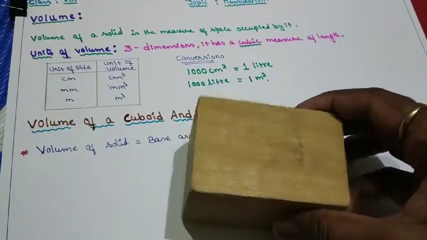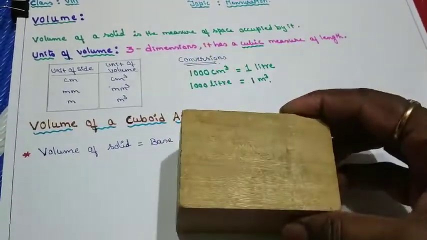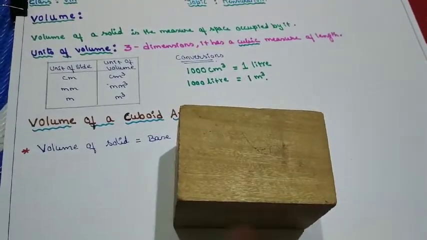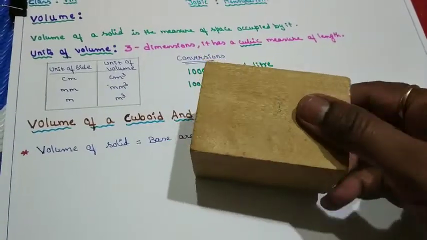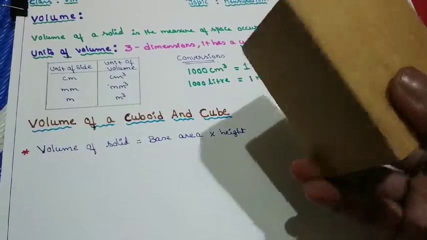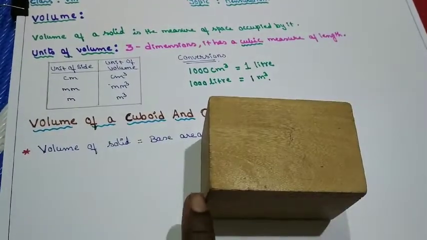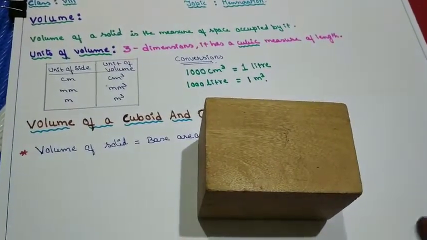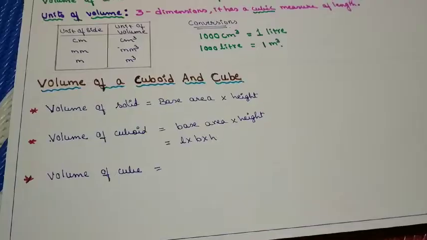Therefore, the base area will be in the form of a rectangle, and the height. Therefore, the volume of a cuboid is base area into height. The base area is a rectangle, therefore L into B, and the height is H. Therefore, the volume of a cuboid is L into B into H.